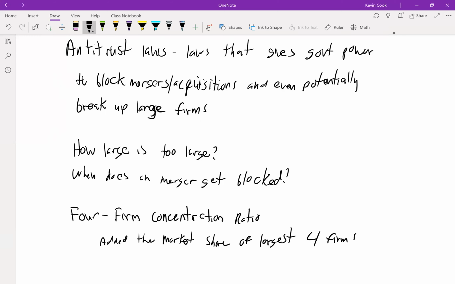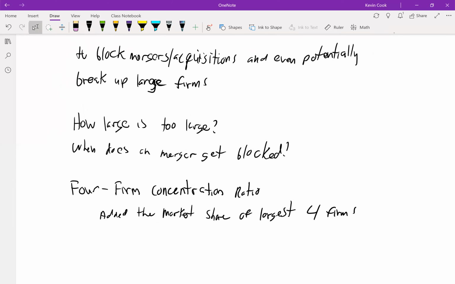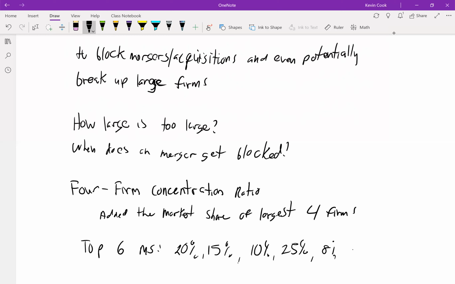So if we had, say, the top five firms or the top six firms in an industry, our top six market share was, say, 20%, 15%, 10%, 25%, 8%, and 6%.